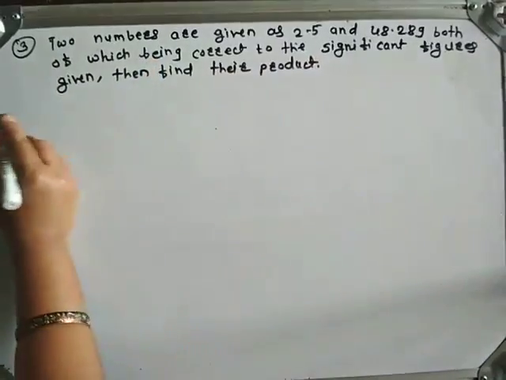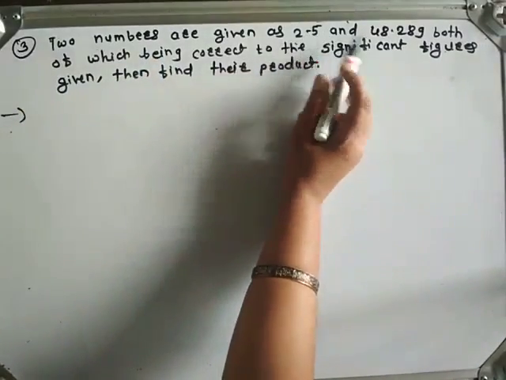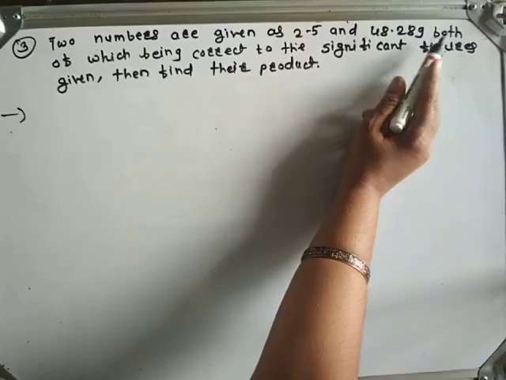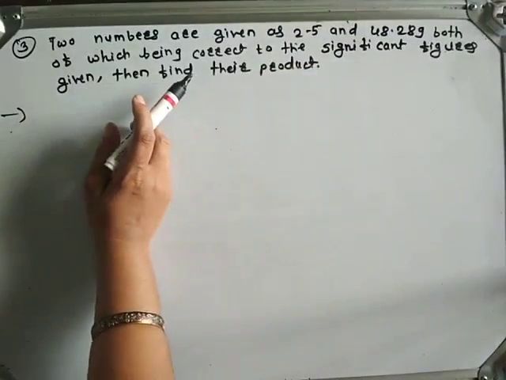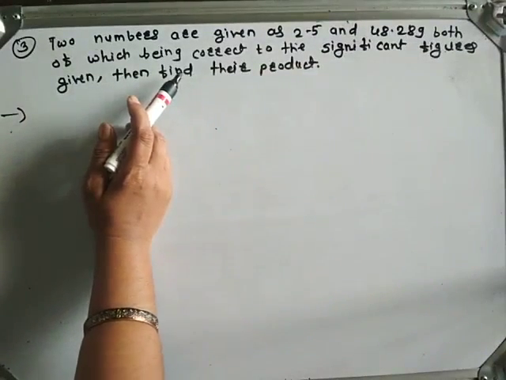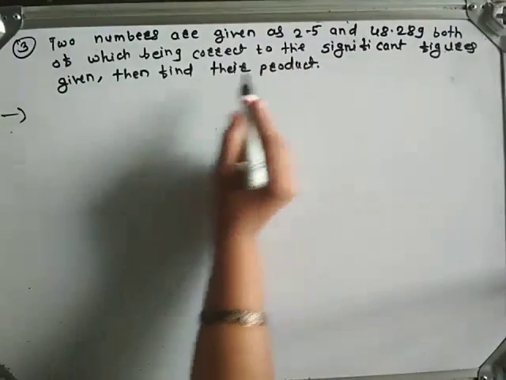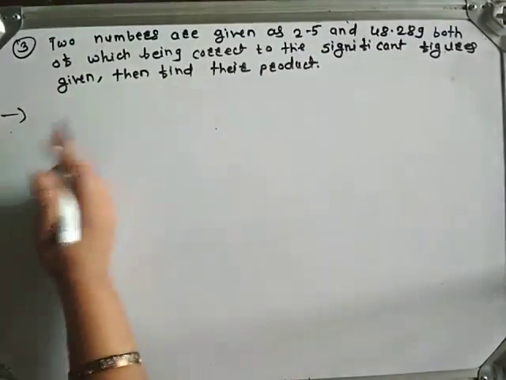Here what we have given, two numbers 2.5 and 48.289, both of which being correct to the significant figure given, then we have to find their product.